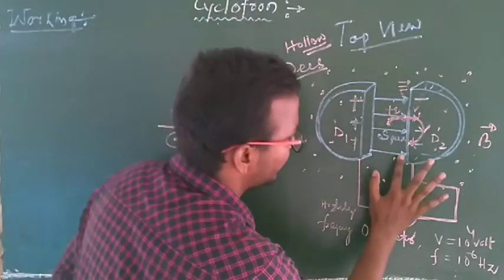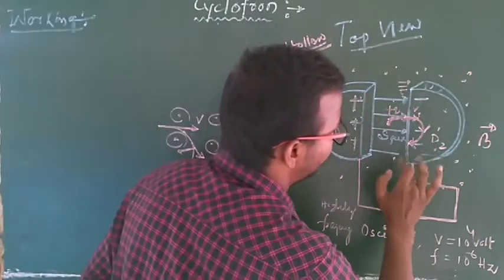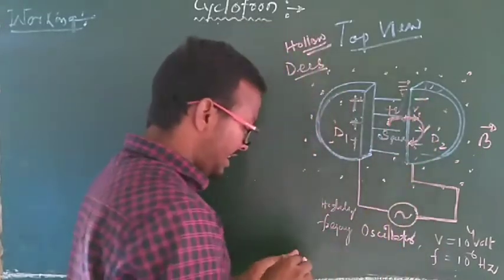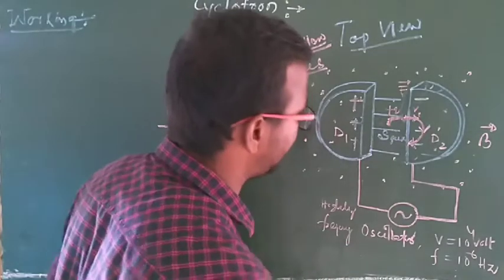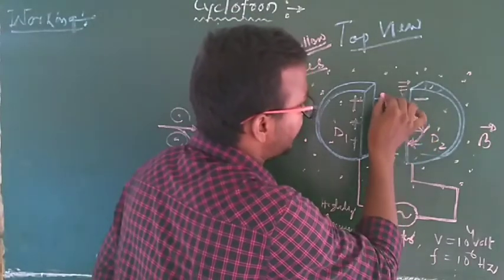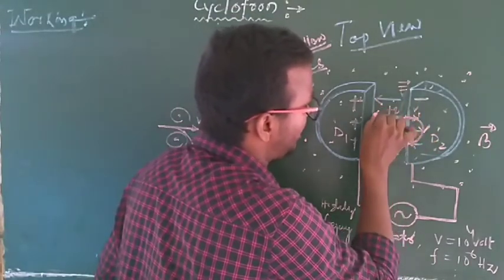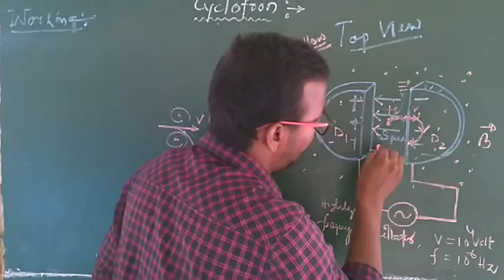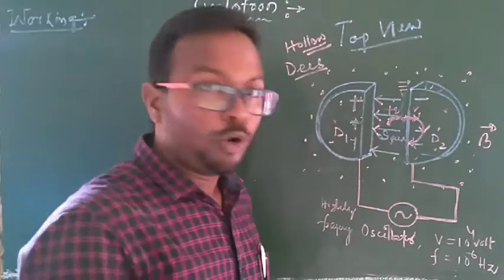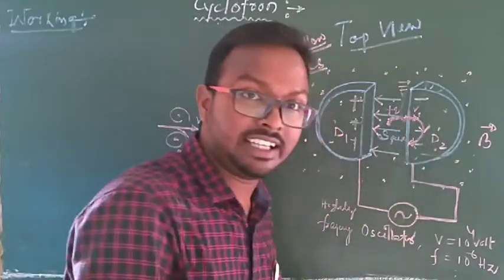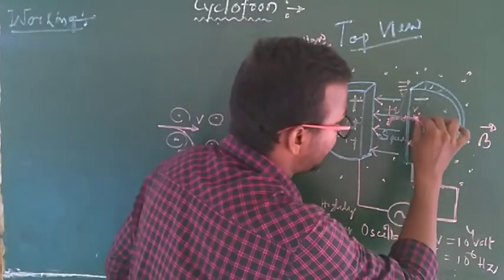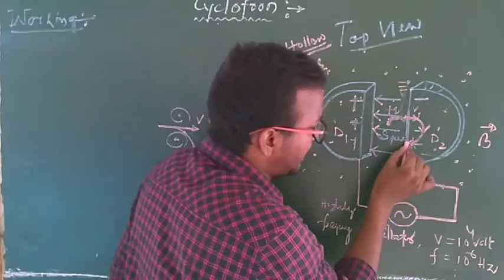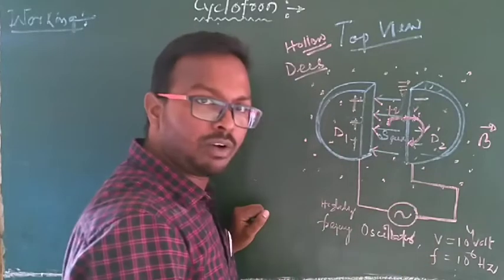So now the electric field direction changes, because we have used a highly accelerated charged particle. So now the direction of the electric field changes from D2 to D1, and this electric field acts on the charged particle just as it is exposed to it, now along the direction of D1.